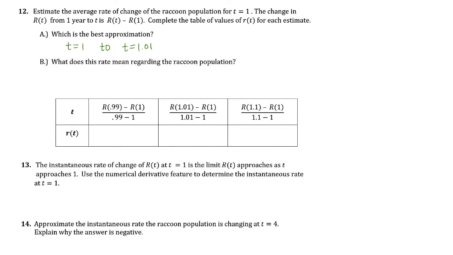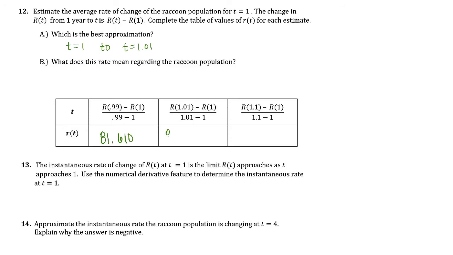So now let's look at part B, because again, they didn't ask us to find it. They just said, what would be the best approximation to use? So looking at part B, what does this rate mean regarding the raccoon population? Well, we do need to fill in, and if we go through and type all of this in our calculators, our R at T value for the first one, we should get 81.610.